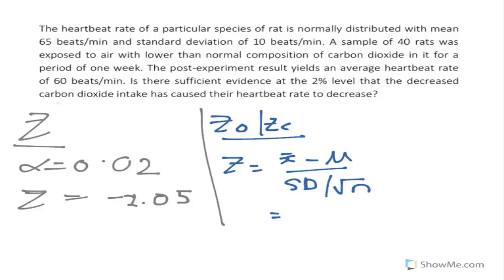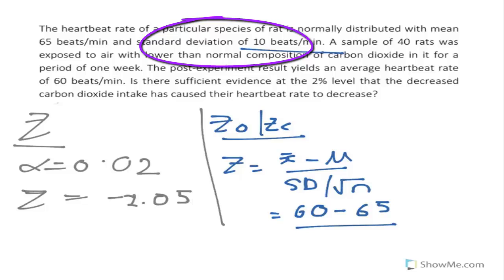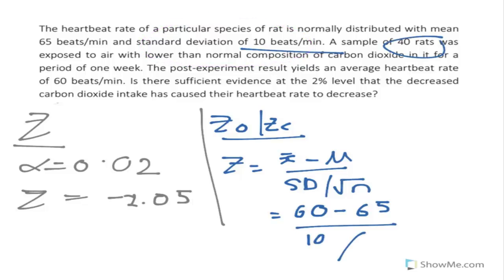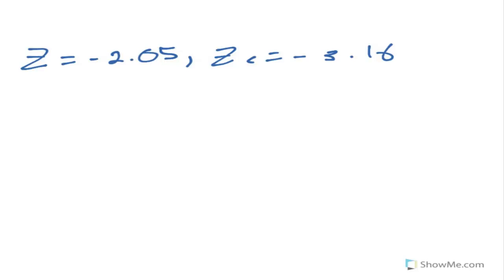So your sample mean is 60, population mean is 65, standard deviation is 10, your sample size is 40, which gives negative 3.16. So based on your calculations, z is negative 2.05, and your zc, also known as the z naught, is negative 3.16.